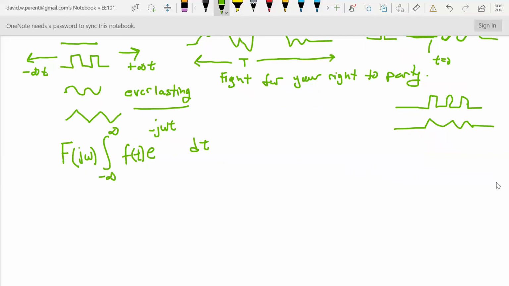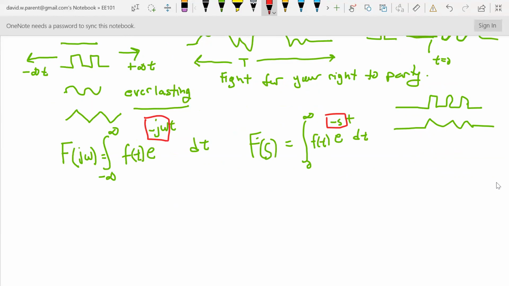It looks awfully like the Laplace transform. And the difference is right here, S. Here it's j omega. That is what's being transformed, and the function we get is a function of j omega, this imaginary number alone.